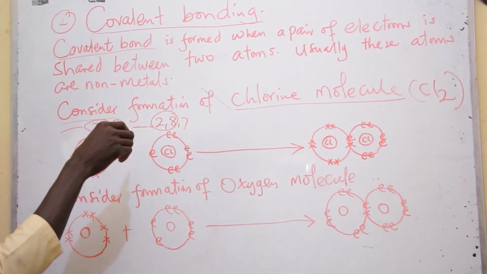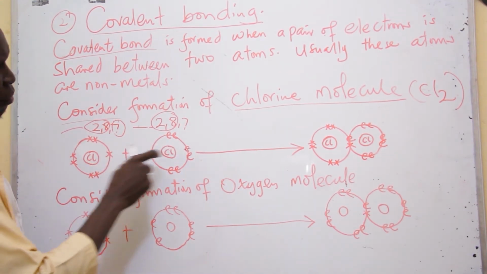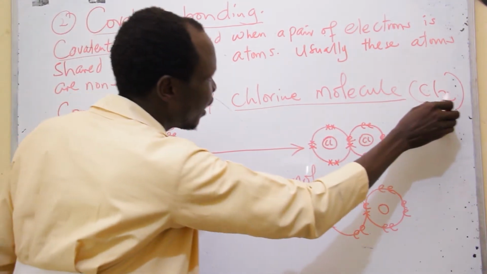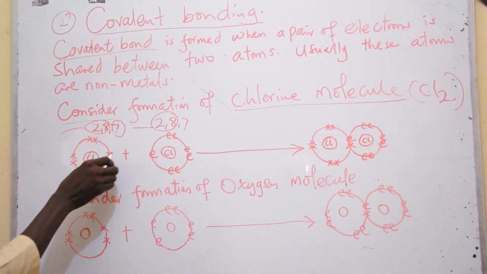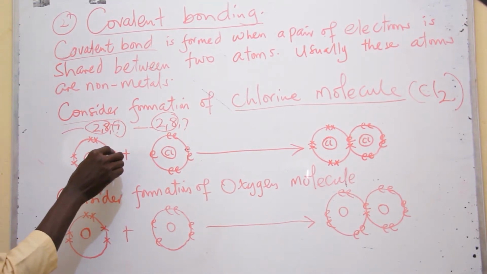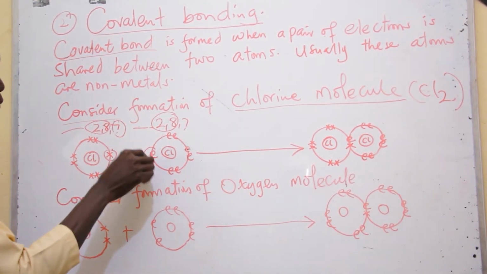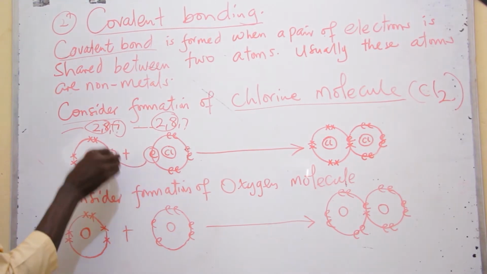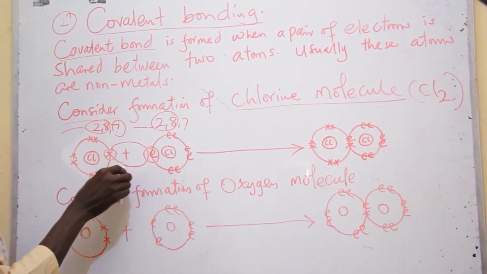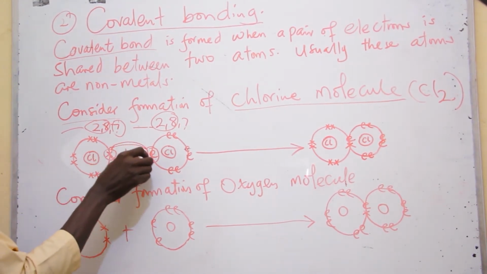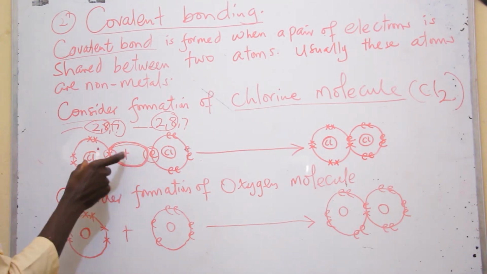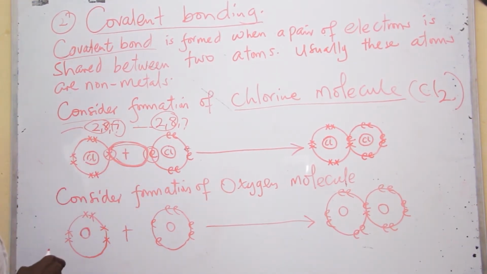So for bonding to take place, for the formation of Cl2 to occur, this 1 electron has to be contributed, and even this 1 electron has to be contributed. These 2 electrons are contributed, and then they are shared in between the 2 atoms.